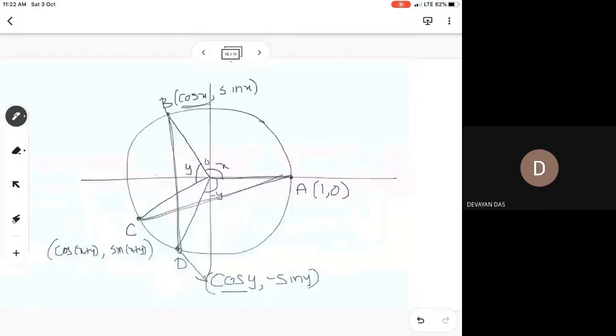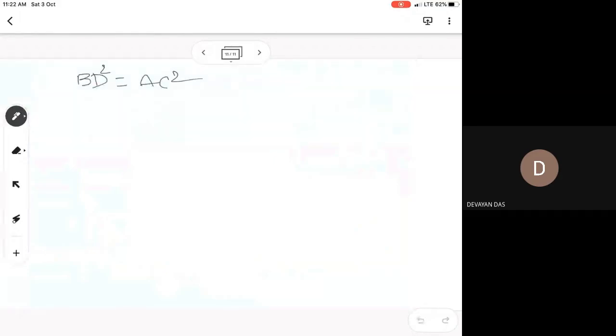So (cos x minus cos y) whole square plus (sin x plus sin y) whole square.